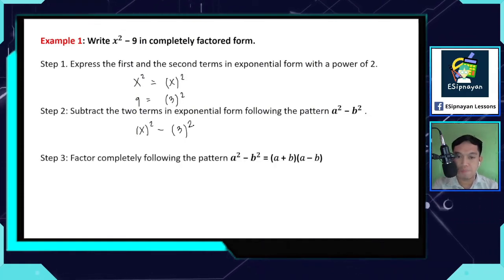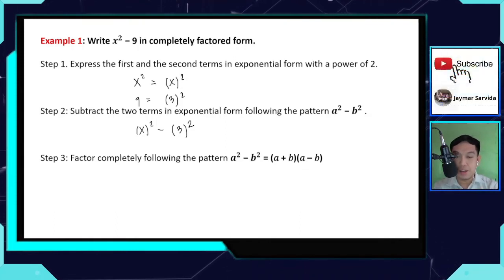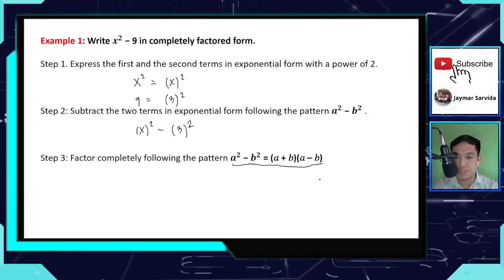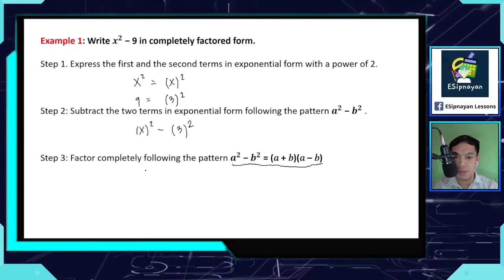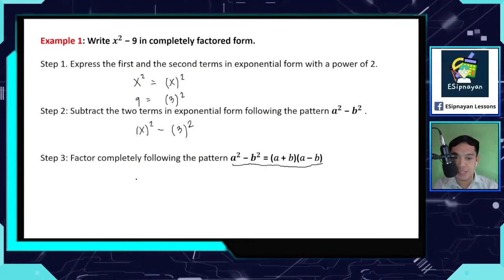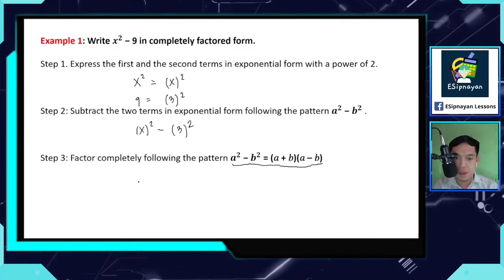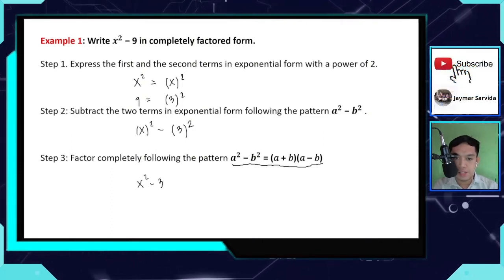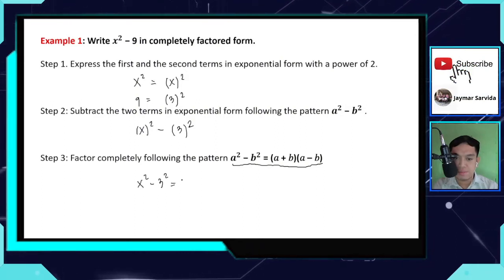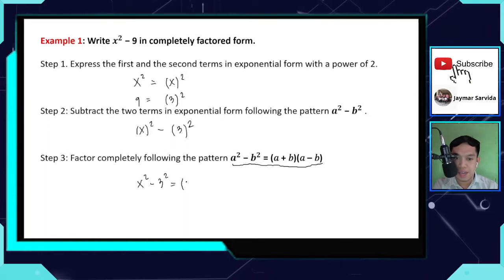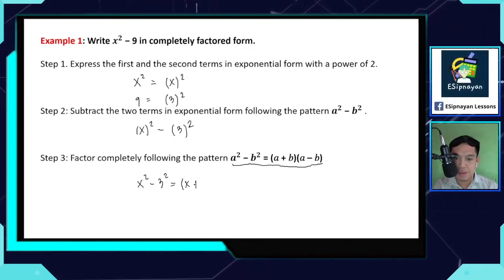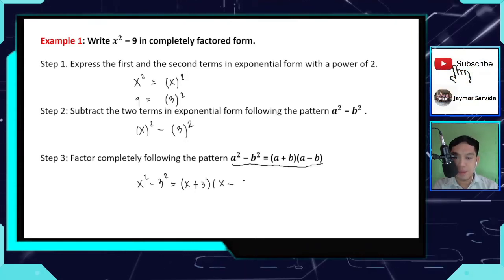Then, step 3, factor completely following the pattern. A squared minus b squared equals the quantity of a plus b times the quantity of a minus b. So, kopyahin lang natin yan. That is x squared minus 3 squared equals, yung ating a dyan ay x plus 3, times yung ating a which is x, then minus yung ating b which is 3.